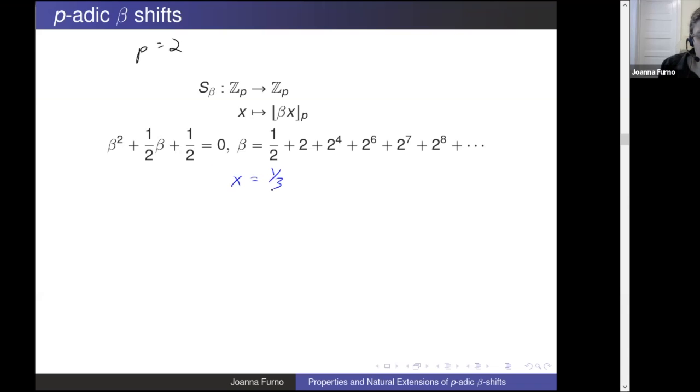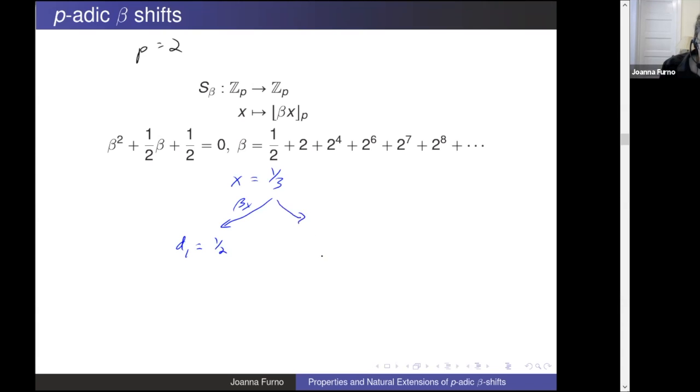And so what happens when we do beta times x? I think we get the idea. The fractional part when we multiply by beta gives our first digit, which is a half.